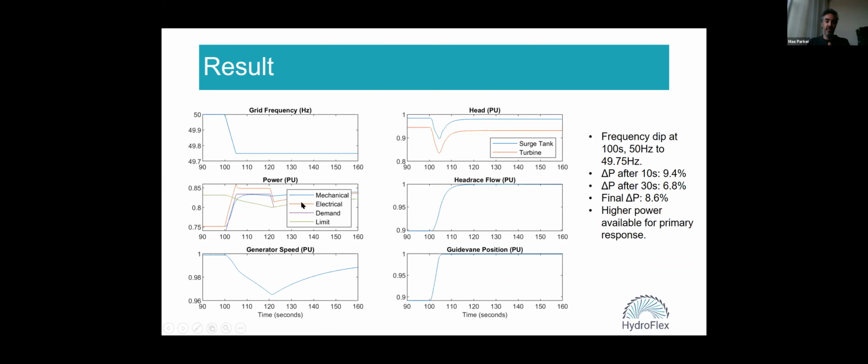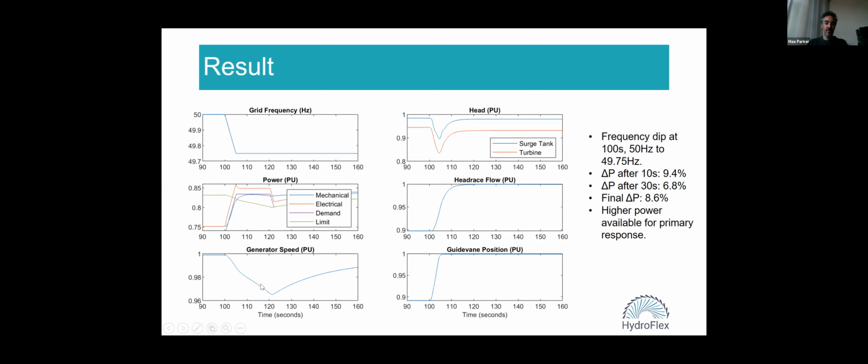So this is, for example, not great because we've got this huge legend stuck in the middle of the power graph. But what you can see is the green line here is the power limit. And as you suddenly ask for more, you suddenly get a grid frequency drop, you get a load of power from your primary response.